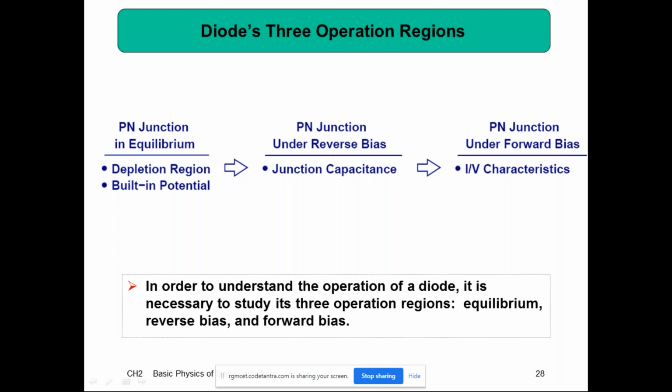In forward bias, we mainly concentrate on the IV characteristics, current and voltage, or VI characteristics of the PN diode. So in order to understand the operation of a diode, it is necessary to study its three operation regions. One is the equilibrium region, second reverse bias, and third forward bias.